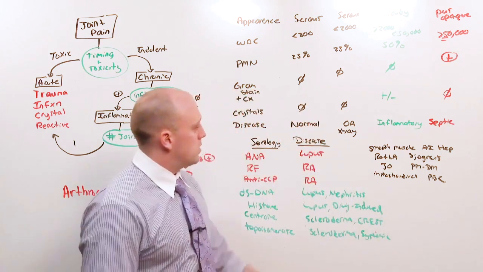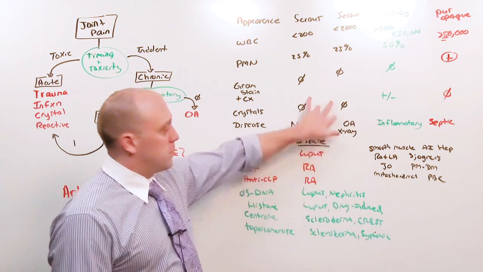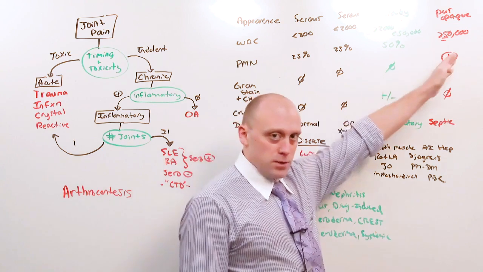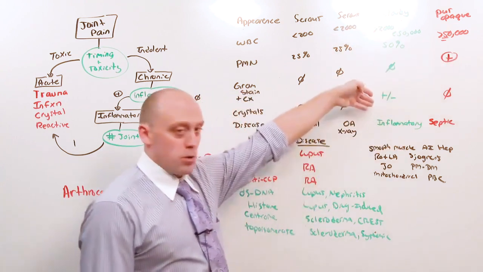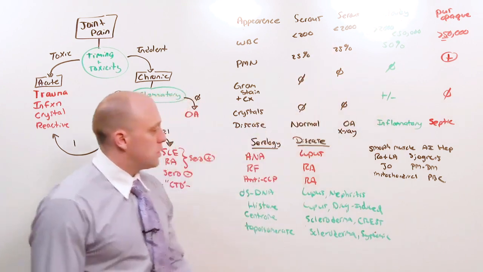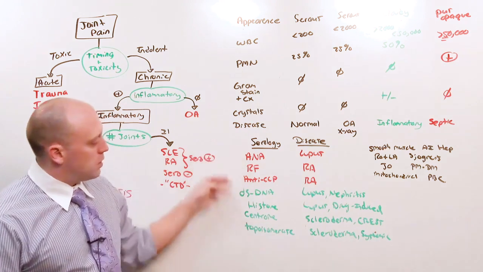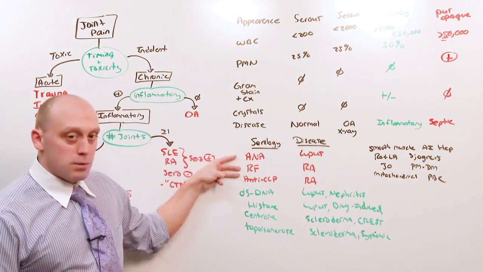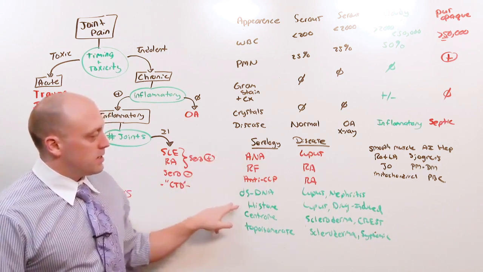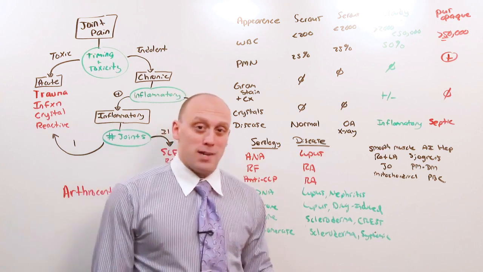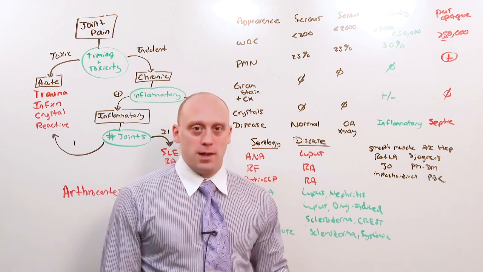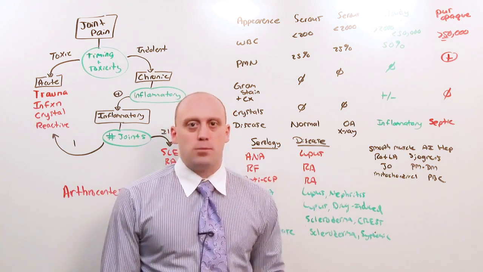Separate the arthrocentesis into normal osteoarthritis, which are essentially the same, versus floridly septic, 50,000 cells, or inflammatory in between. If inflammatory, figure out what the diagnosis is using the history and the serologies. Commit the first three to absolute memory, try to get all seven memorized, and then recognize that if you have to get all the questions right, you need to look at a table of serologies right before you take the test. That's approach to joint pain.